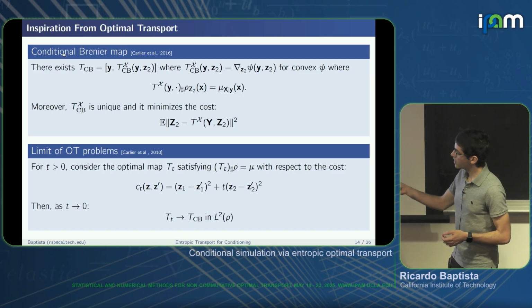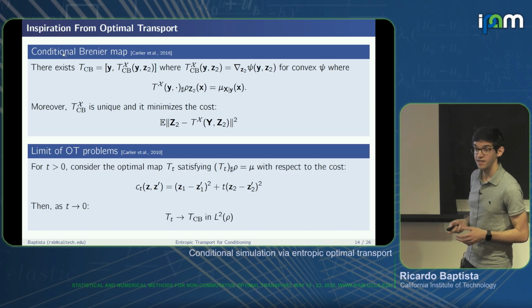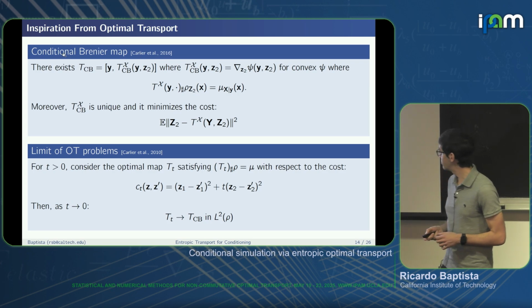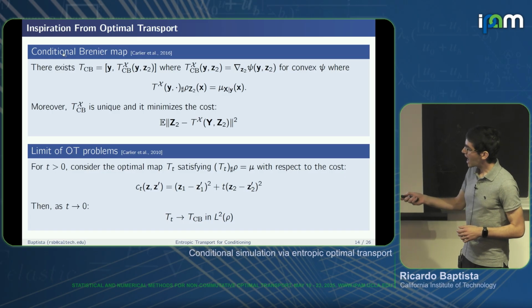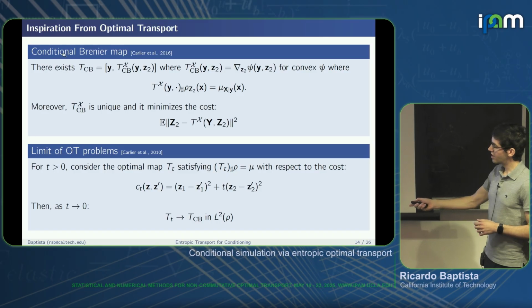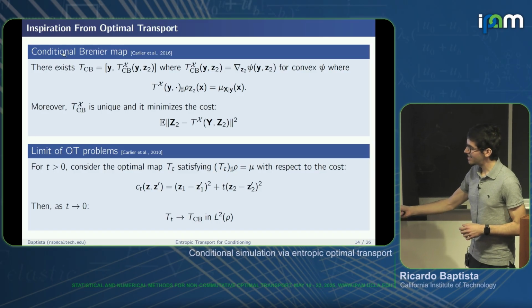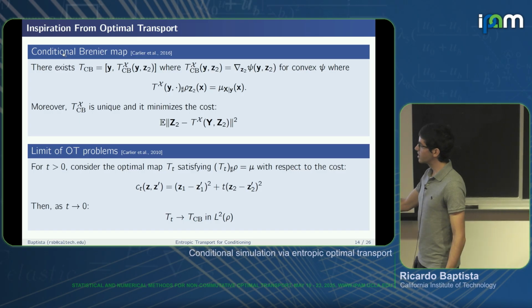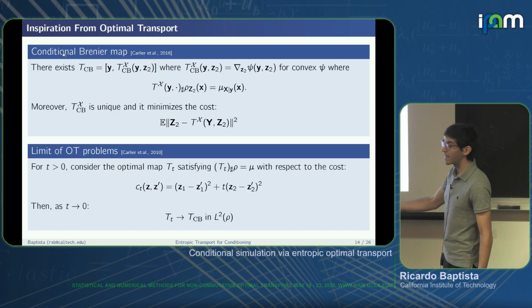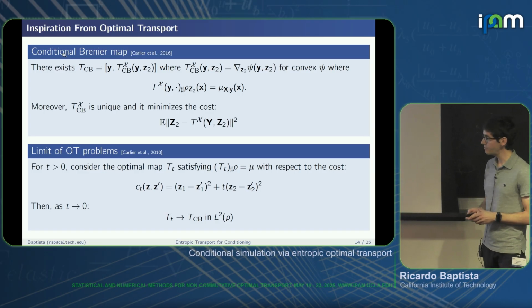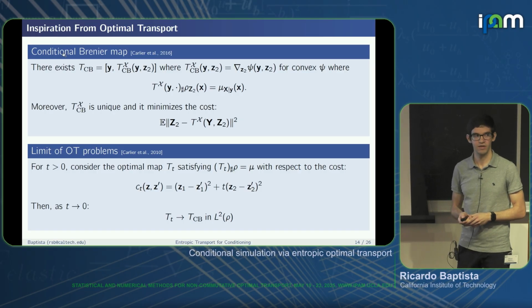And we look for the optimal map with respect to this scaled cost c_t, I'll denote that by T_t, that satisfies the push-forward condition of pushing forward rho to mu. Then as we take this parameter t to 0, this map T_t that's optimal with respect to each one of these costs will converge to this conditional Brenier map, this block triangular map, in an L2 sense with respect to the reference.